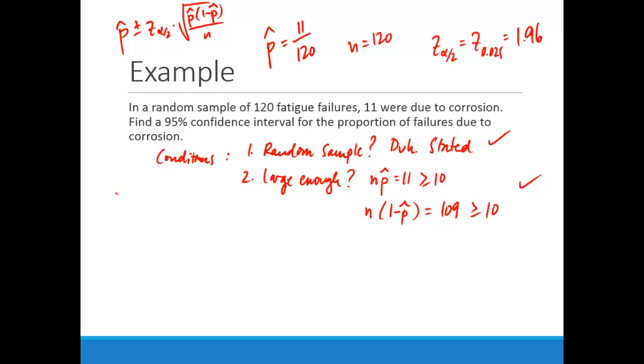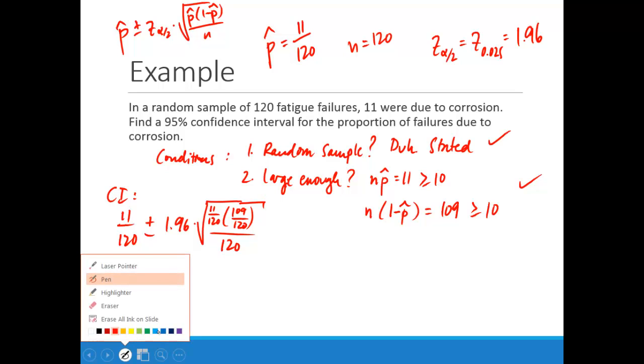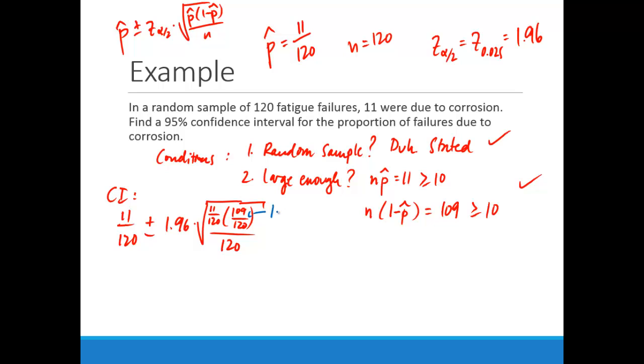Okay, so then my confidence interval is as follows. Plugging my numbers into the formula, I have 11 over 120 plus or minus 1.96 times the square root of 11 out of 120 times 109 out of 120, divided by 120. Let me not make that shortcut. So this is 1 minus 11 out of 120.